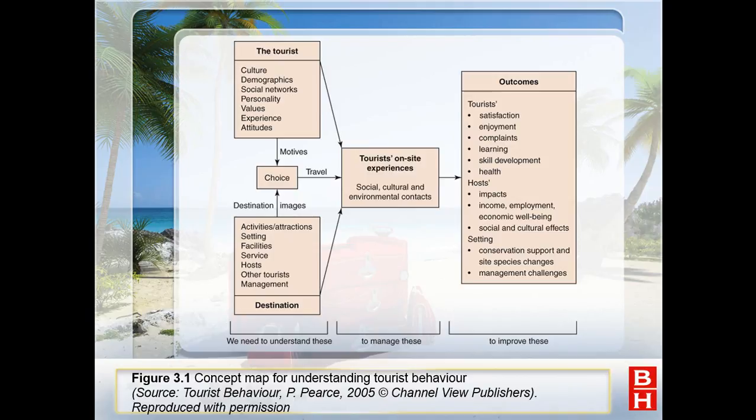Pearce looked at it from the perspective of the tourist having motives to go somewhere, and based on the destination, what the destination has to offer and the destination's image that one has, mix that with the experience at the destination, that will lead to certain outcomes. Example, you as a tourist, you have a personality.